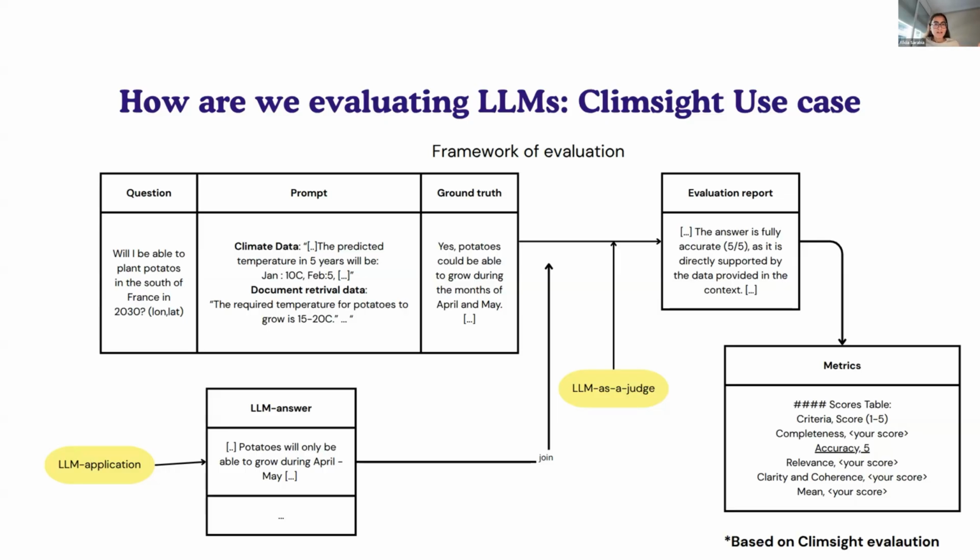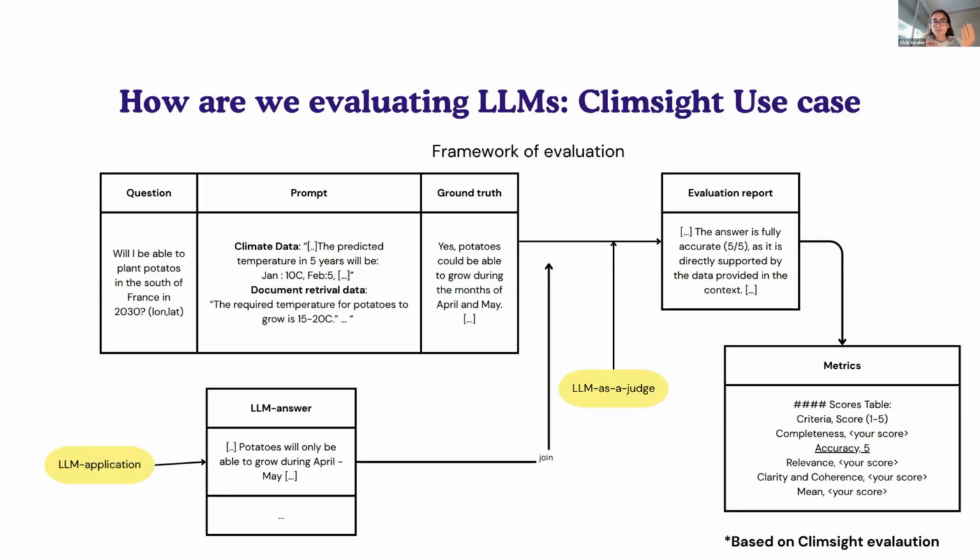So the answer is, this is an example, potatoes will only be able to grow during April and May. I have the ground truth answer that says more or less the same. This is just a case. And the LLM will judge: okay, this answer that the LLM generated, the data is supported in the context, so therefore it is accurate.